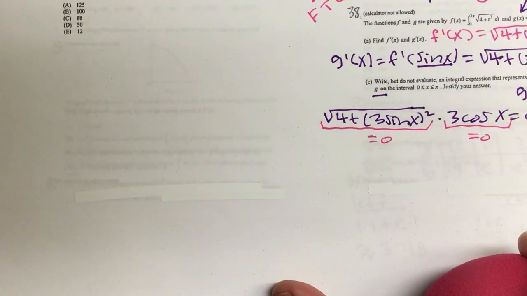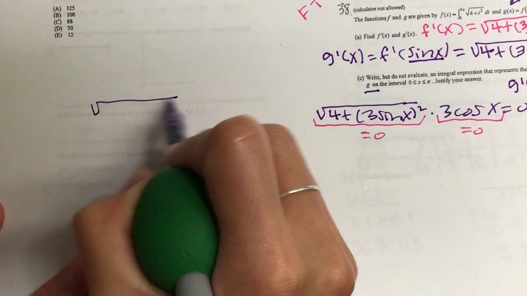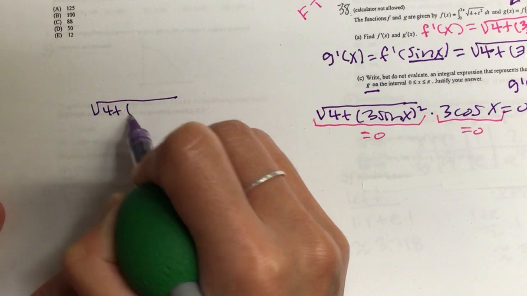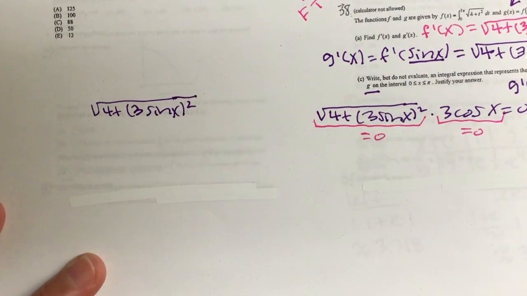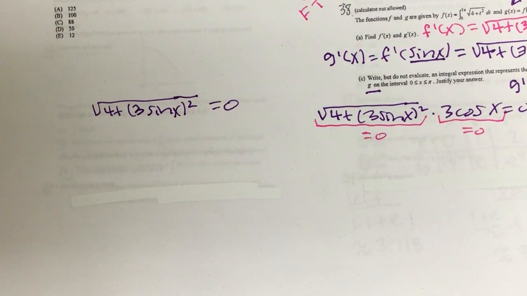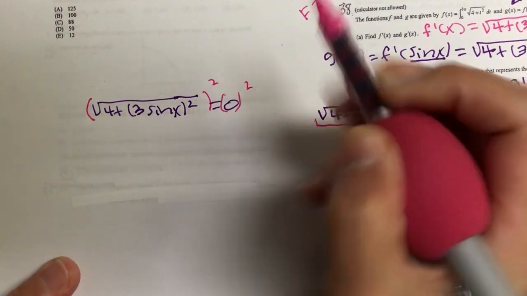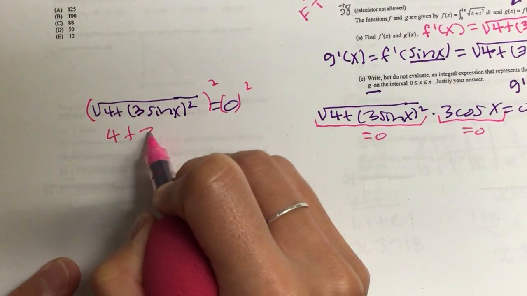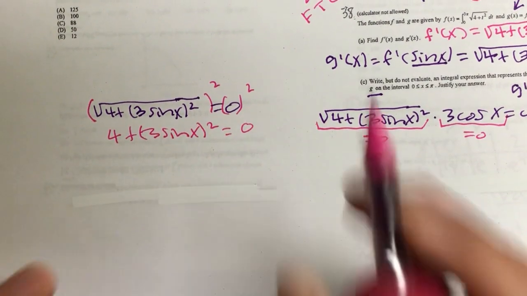I have the square root of 4 plus 3 sine of x, all squared, equal to 0. How can I get rid of the overall operation of the square root? Square it. So I get 4 plus 3 sine of x, all squared, equal to 0.